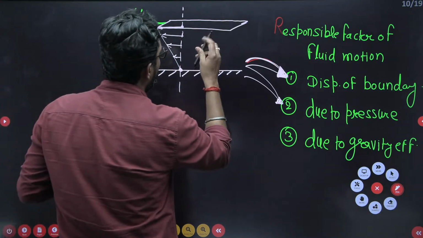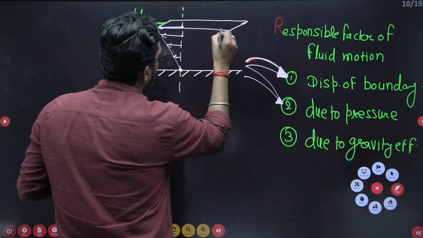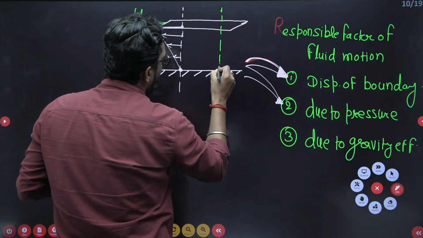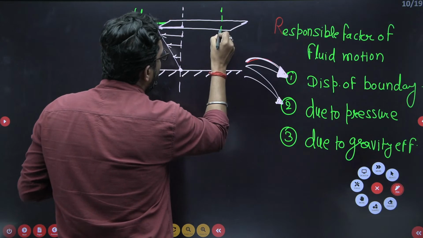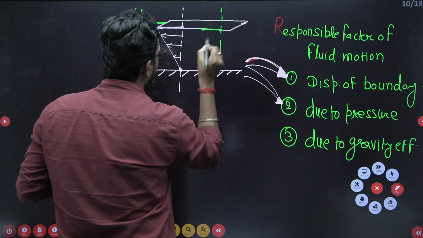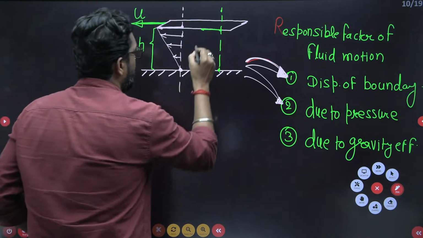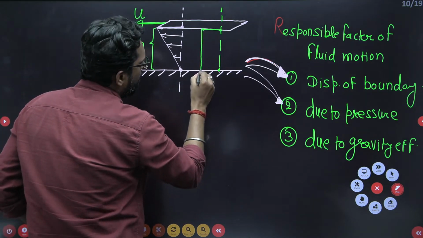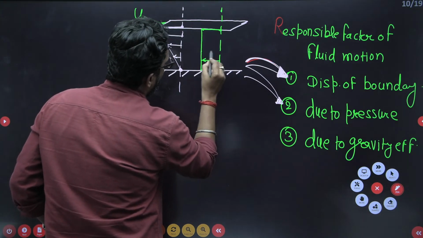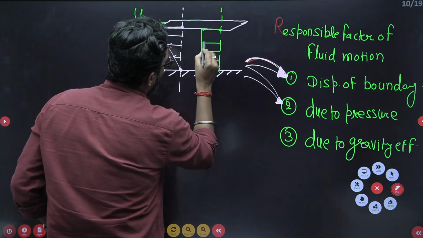Now what is the shear stress distribution? If you take any cross section, at this point the shear stress is the same, in the same direction. The shear stress at all points is the same. So this is the distribution of shear stress.